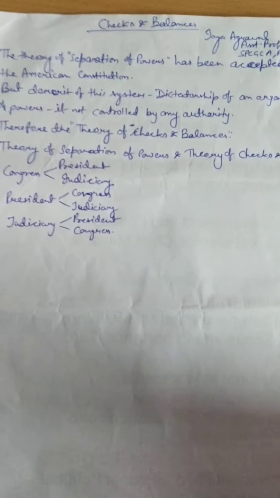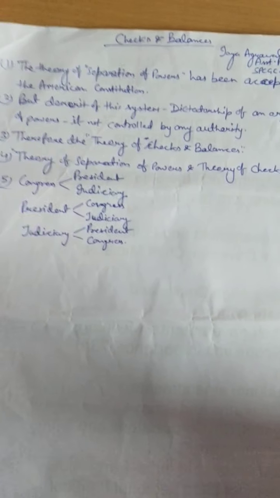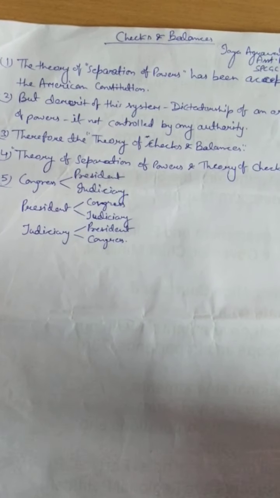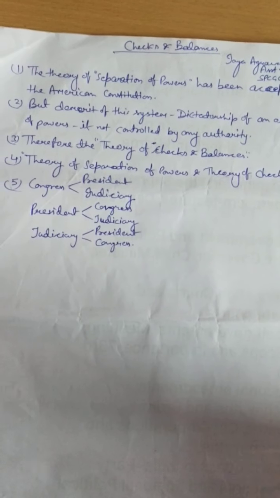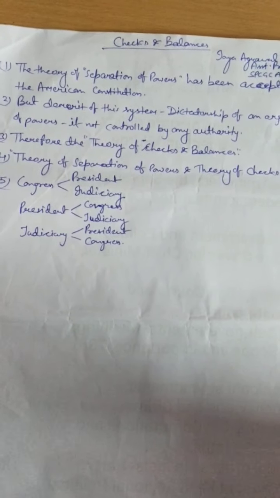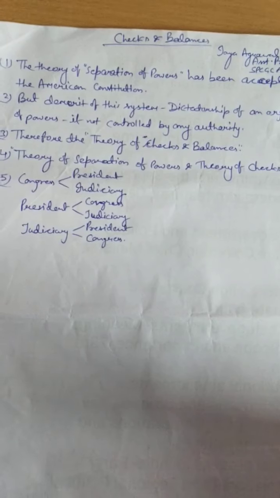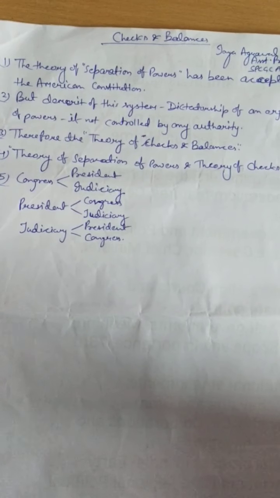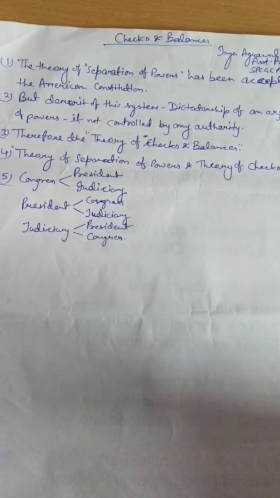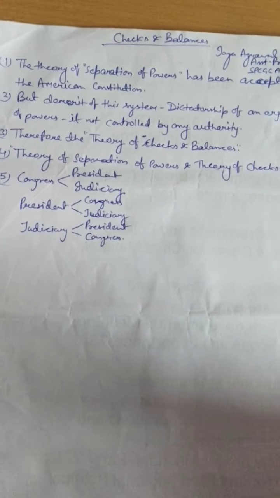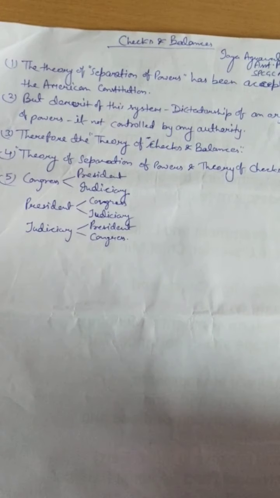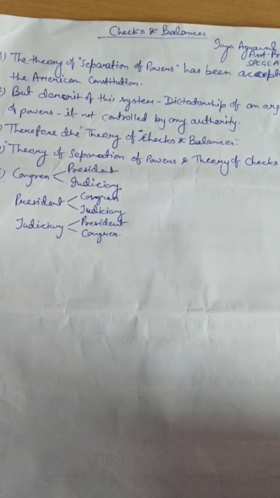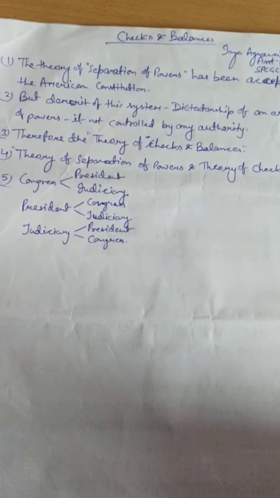So let's start. First, the theory of separation of powers has been accepted by the American Constitution. In our previous video we studied this theory, what it means and how it works.